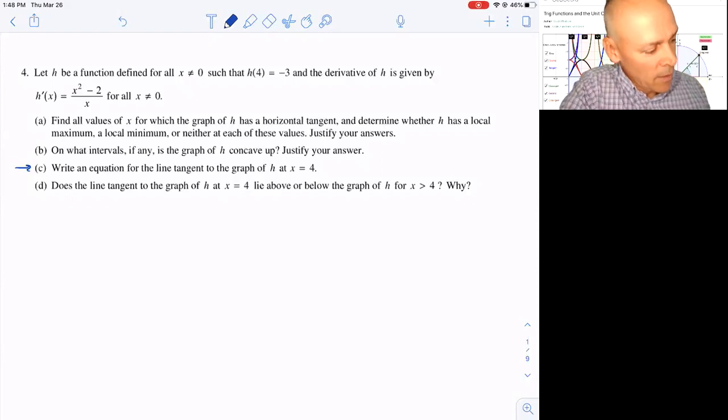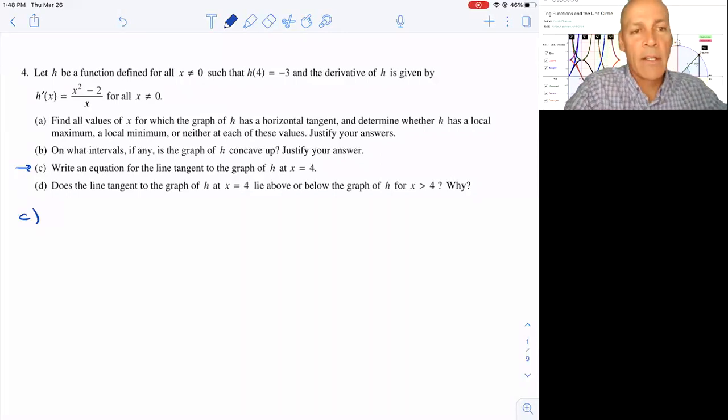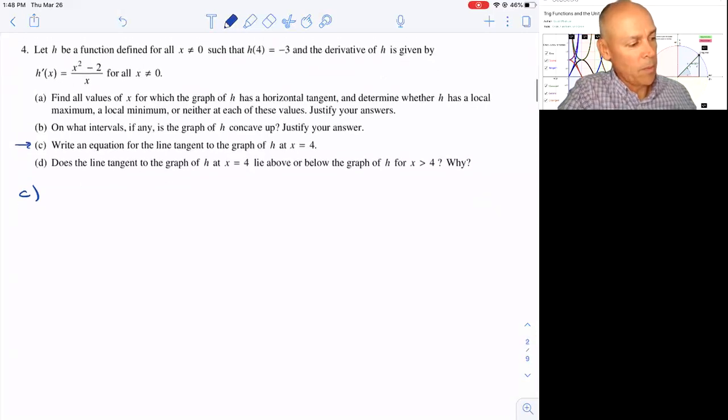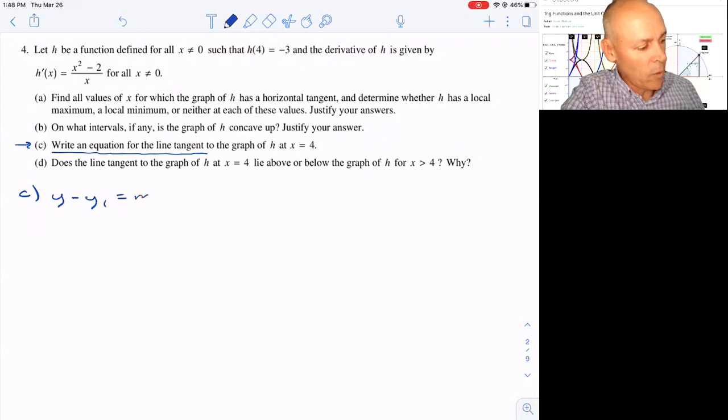So part C, again, asking us to write an equation for a line tangent to the graph of h at x equals 4. So I hope whenever you see write an equation for a tangent line, you start out with point slope form of a linear equation. So that's my starting point.